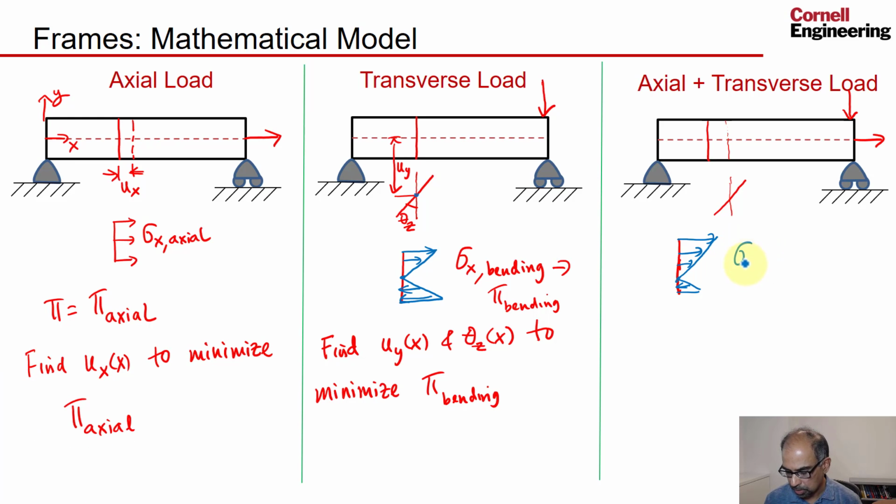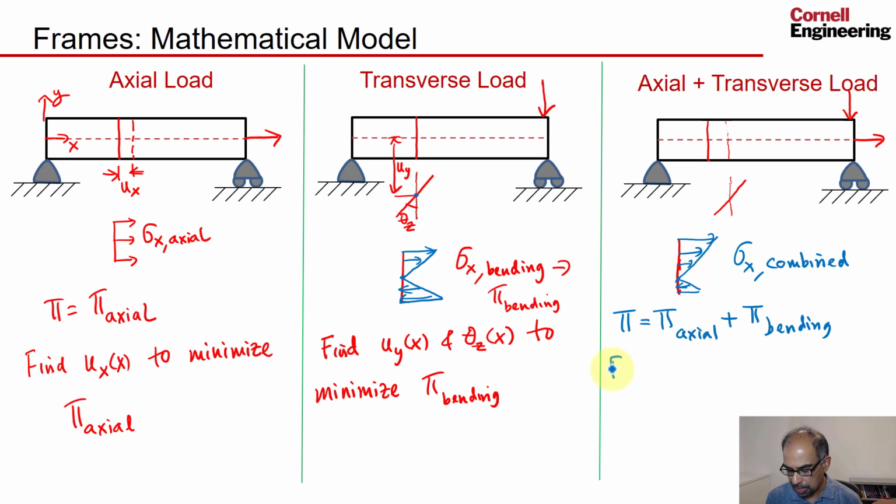And ANSYS calls this sigma x combined, and the potential energy is going to be the potential energy due to the axial load and the potential energy due to bending. Essentially this value plus this value.